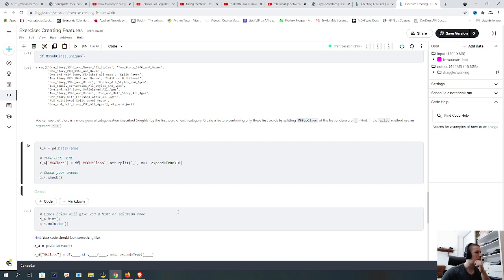I don't know what the n equals 1 does. Maybe it starts splitting from the second underscore, and this gets the first item. Maybe that's it.